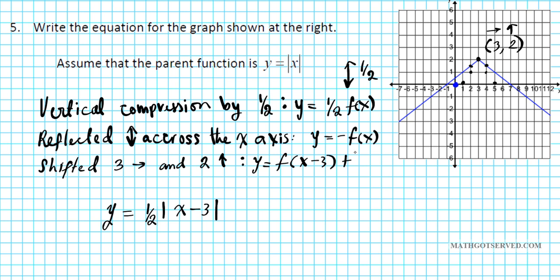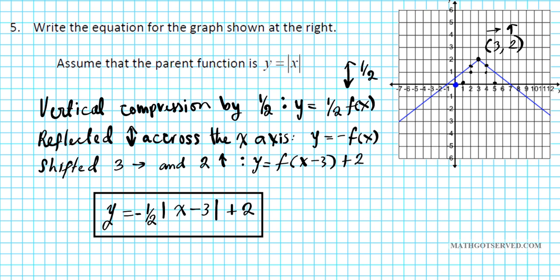So sorry about that. This is plus 2. Okay, so this is the graph of the function, and also we don't want to forget the reflection. We have a reflection there, so we just put a minus here to indicate that the graph is actually opening downwards. So there goes your final result.